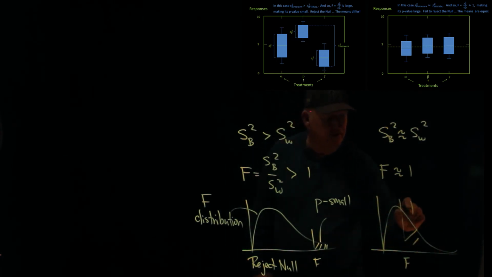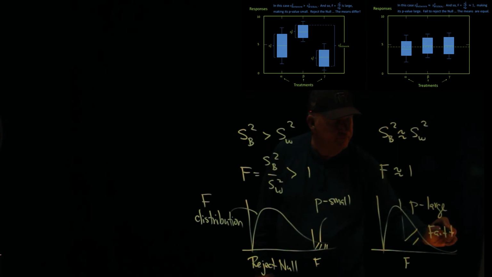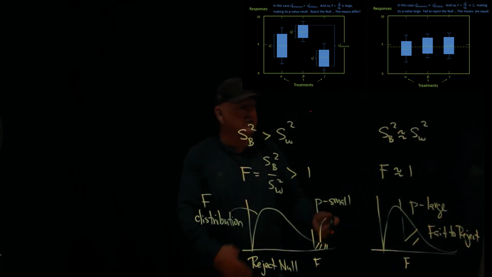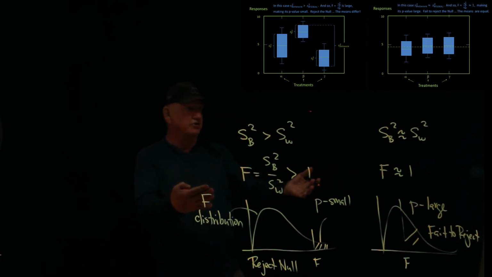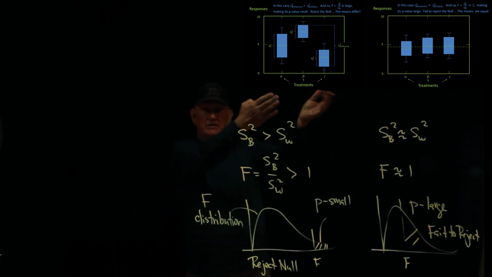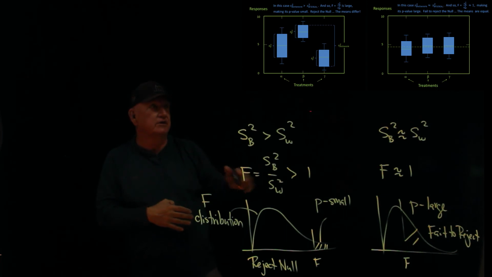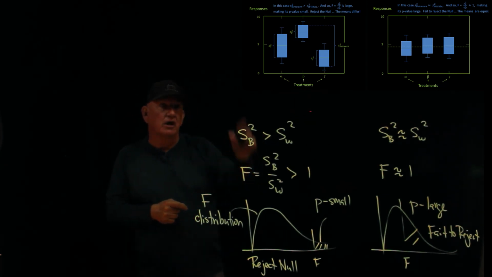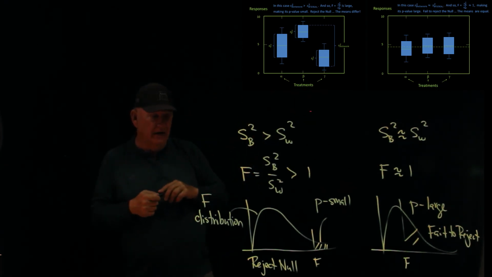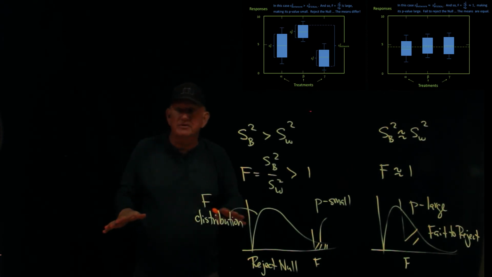The p-value is large. And if that's the case, you probably fail to reject. And again, you can kind of see that while these ratios lead you through it, here's a case where the means are close as opposed to this. Maintain the null hypothesis, say goodbye to the null hypothesis, and it's as simple as that.